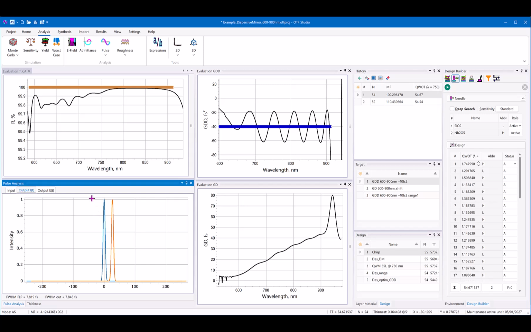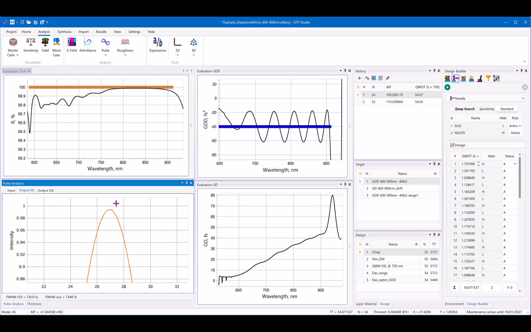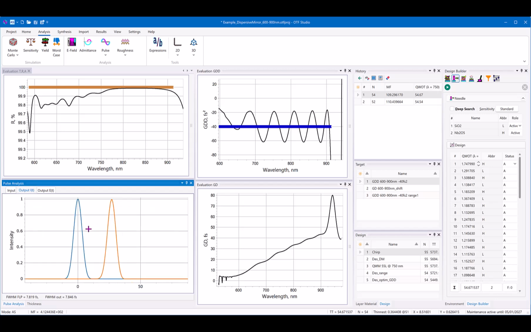We can see here this orange pulse, it's almost 100% intensity, but nevertheless there is some loss of energy, about 0.9%, the same as in the previous design process. So oscillations are suppressed, but nevertheless we have small loss.